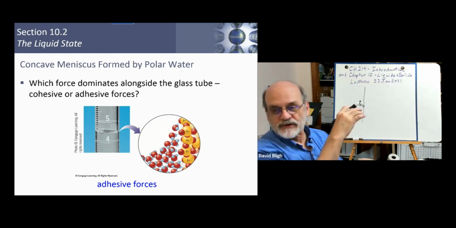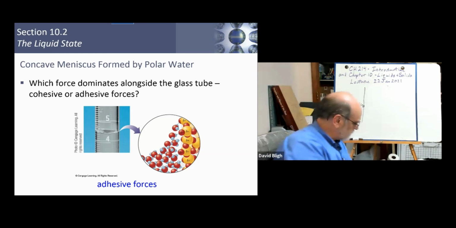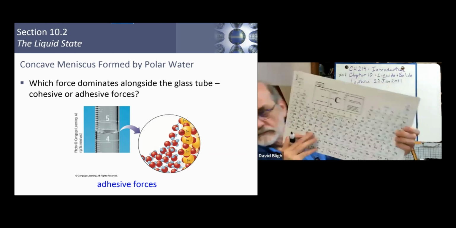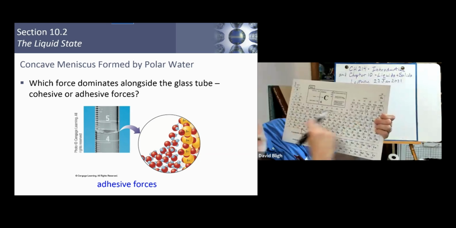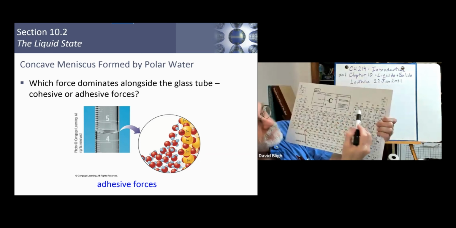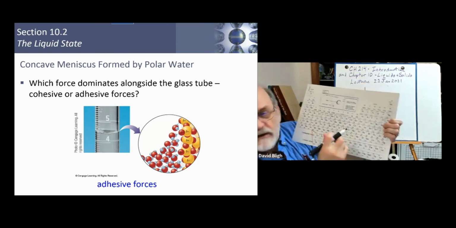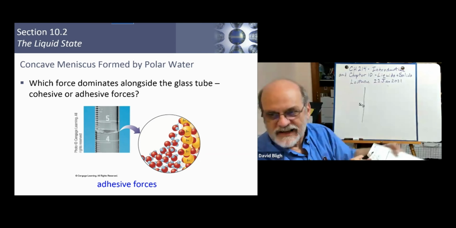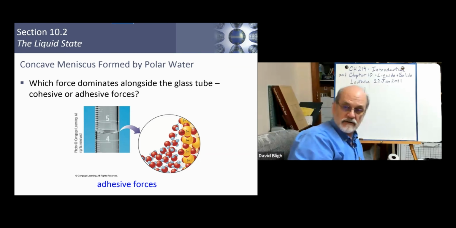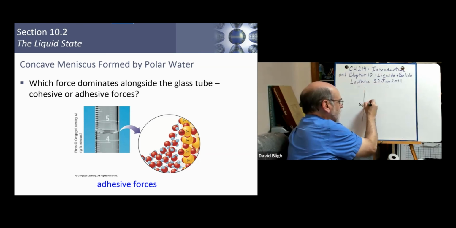In fact, it's up and to the right of silicon, right? Remember? Lower left, upper right, increased electronegativity. So here's silicon, there's oxygen. So you're going to get a slight displacement of electron density toward oxygen. And that makes it like that.